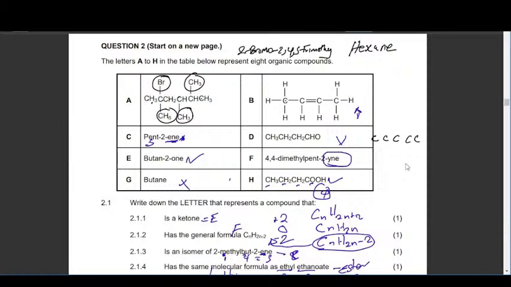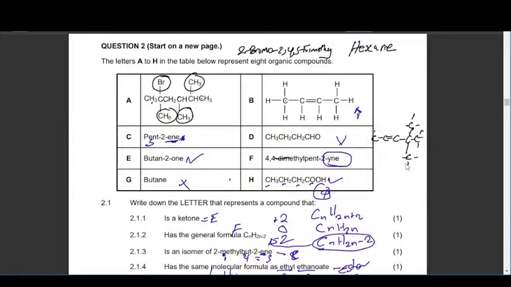The double bond is on carbon atom number 2, but the methyls are on carbon atom number 4. So there are 2 methyls. When I have a carbon atom here, this is a methyl, so I put hydrogens.